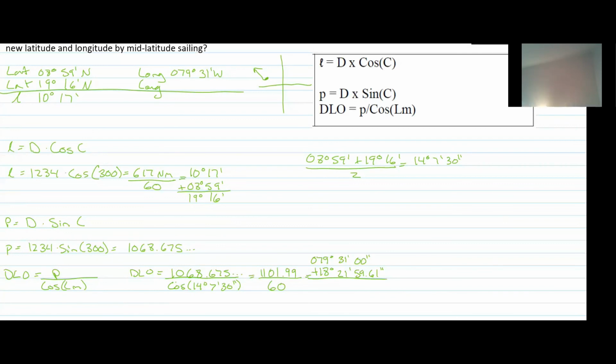So 79 degrees, 31 minutes, 0 seconds, plus 18 degrees, 21 minutes, 59.61 seconds, equals 97 degrees, 52 minutes, 59.61 seconds. And this is our final longitude, so we can round this at the end.